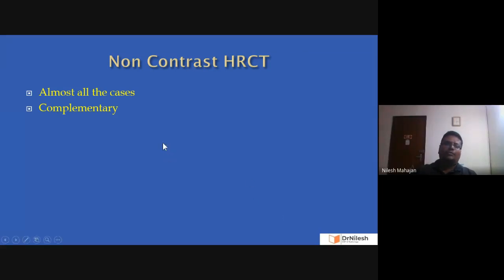Why did I say complementary CT is required with MRI? Because you are going to operate over the bone, not on the soft tissue. You have to reach your soft tissue by drilling through the bone. To know the bone anatomy, you should always have a CT scan whenever you do MRI and whenever you are thinking in terms of active surgical intervention.